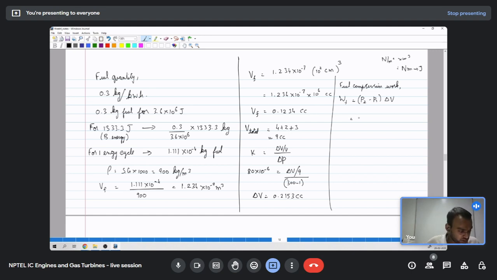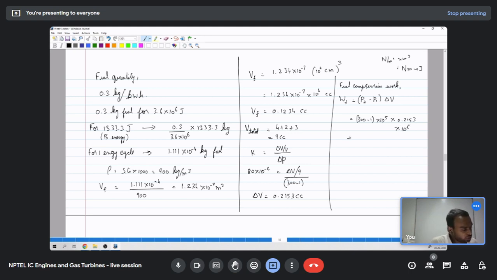So P2 is 300 bar minus 1 bar. Converting this to SI units, we have into 10 power 5, and delta V is 0.2153 into, to convert the cc to meter cube, 10 power minus 6.